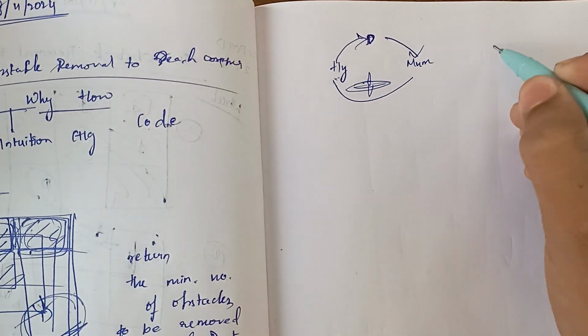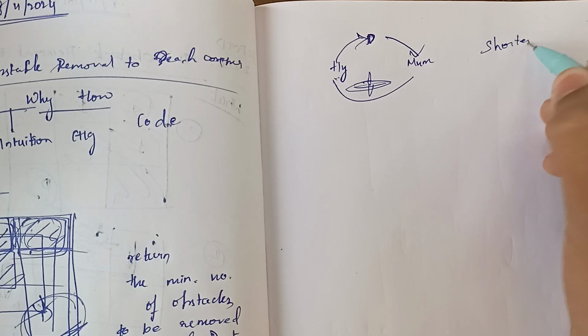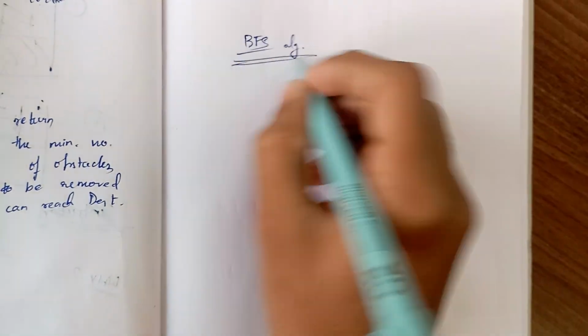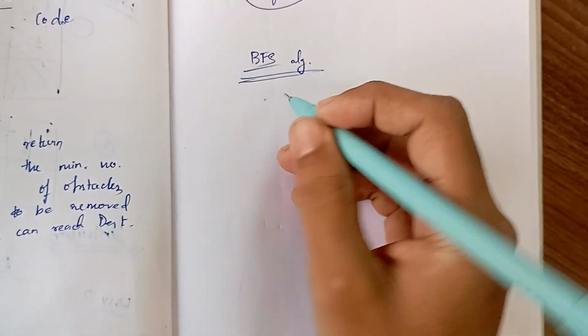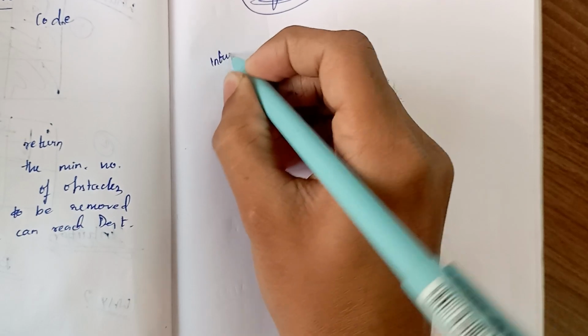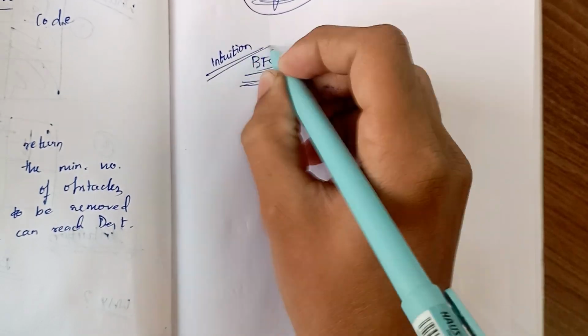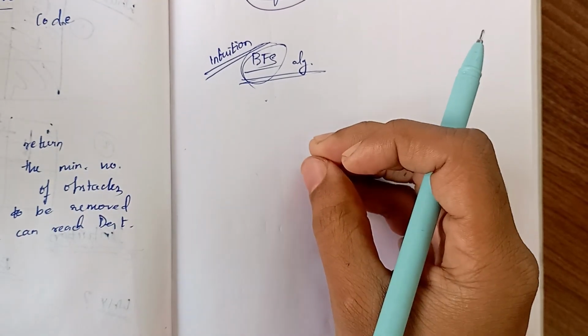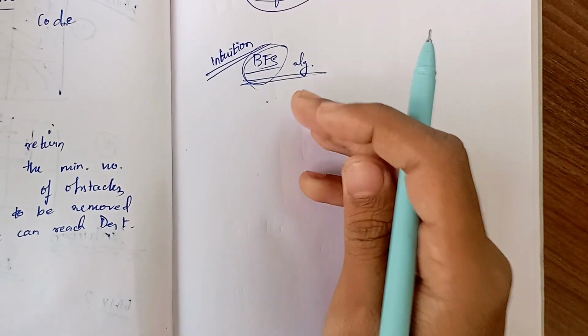That means we need the shortest path. I am explaining the BFS algorithm here. So this is the intuition behind our approach. Using BFS is our approach to solve this problem.